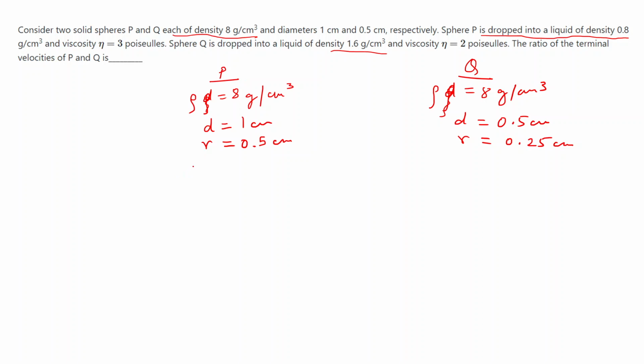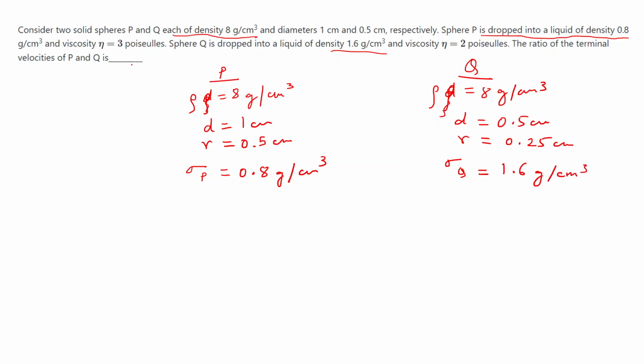Sphere P is dropped in a liquid whose density, sigma, which I am using to denote the density of liquid, is 0.8 gram per centimeter cube. All the things are in CGS, so I think the final answer we'll keep in CGS. Sigma for the second liquid is 1.6 gram per centimeter cube.